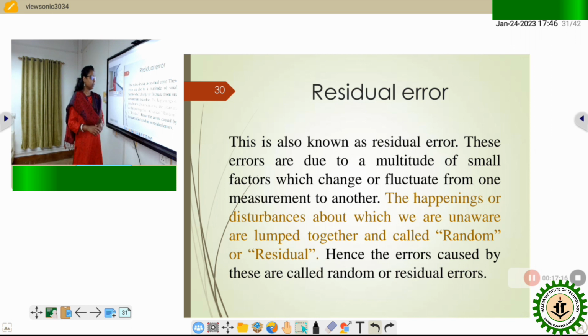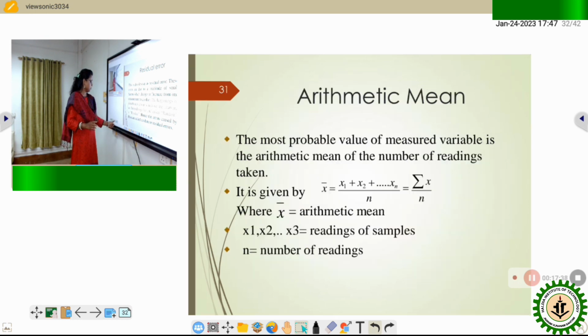The happenings or disturbances about which we are unaware and which are lumped together are called random or residual errors. These errors fluctuate from one reading to another, from one measurement to another.